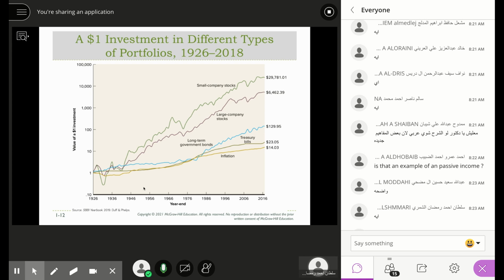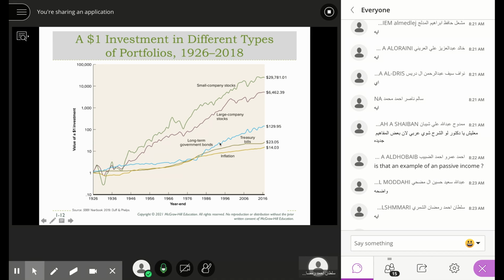Let's take an example. This is a real example. Let's say that you did invest $1 in 1926 in different types of investments. We have stocks, we have bonds, and we have bills. Stocks, it's أسهم. I believe you know what that is. This is a sort of ownership of a company.